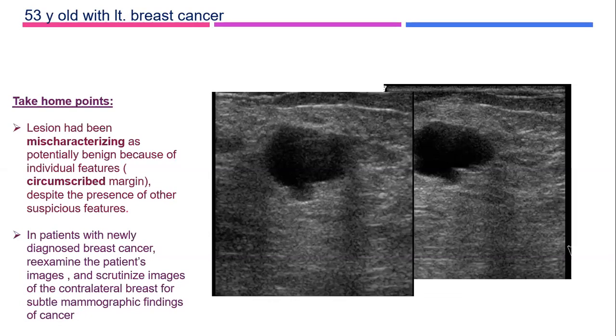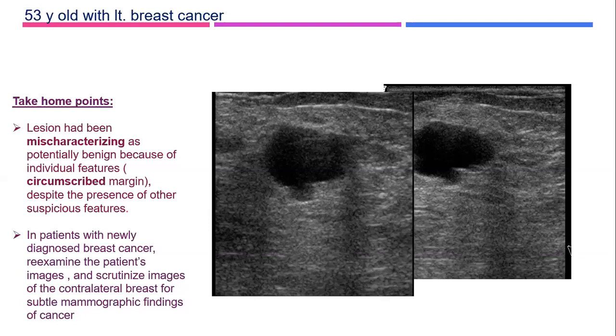So the lesion had been mischaracterized as potentially benign because of individual features, circumscribed margins, despite the presence of other suspicious features, which were architectural distortions.